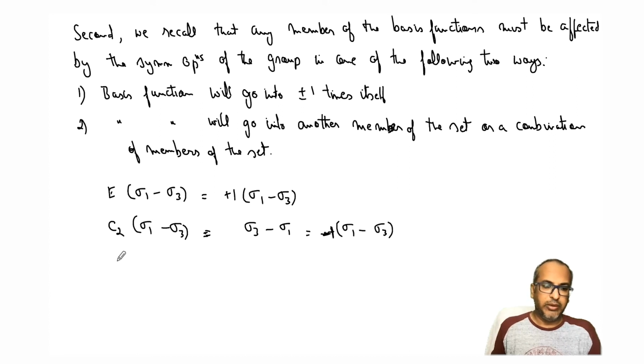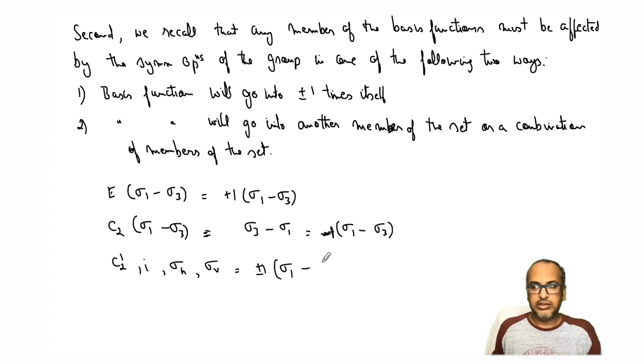And similarly, if you keep on doing this, C2 prime, i, sigma h, sigma v, all of these will give you either plus 1 or minus 1 times sigma 1 minus sigma 3. So not very informative, right?